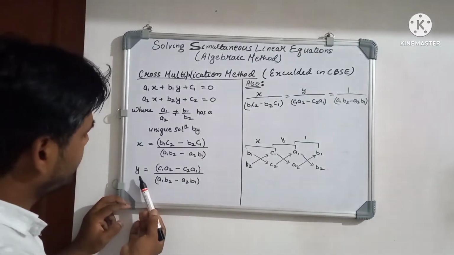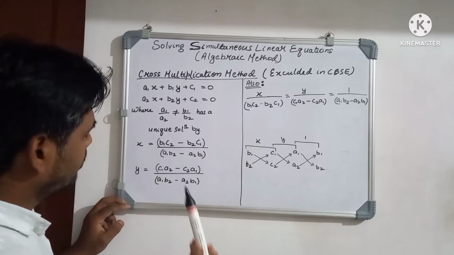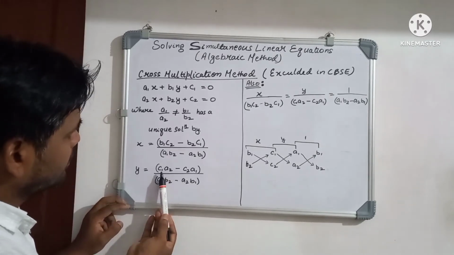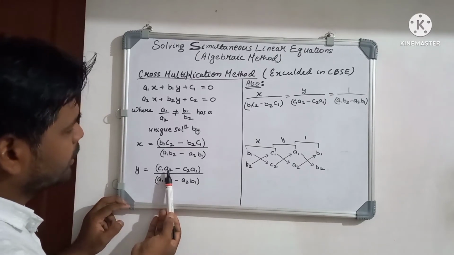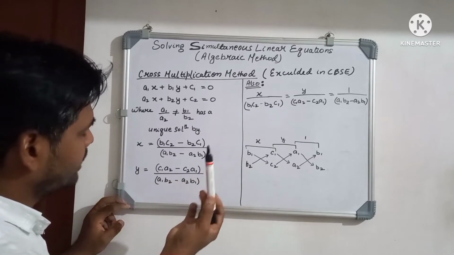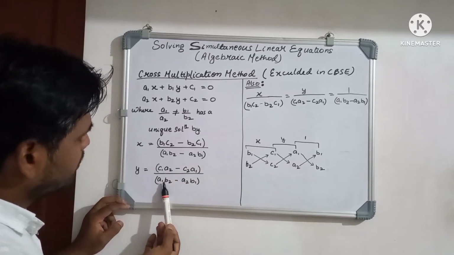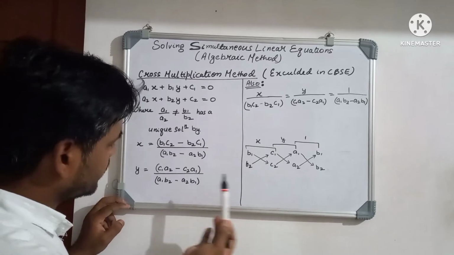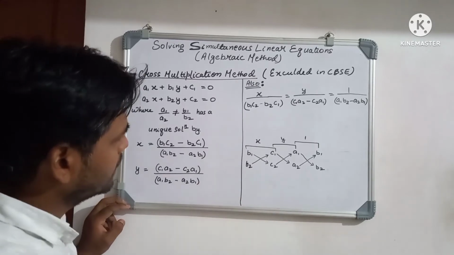Similarly, we can find the value of y. The value of y can be obtained using c1 multiplied by a2 minus c2 multiplied by a1, over a1 multiplied by b2 minus a2 multiplied by b1.